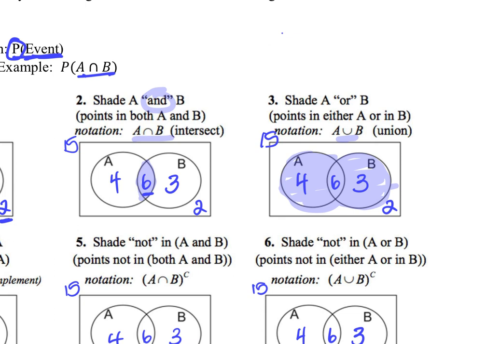I'm going to introduce a formula here. As you can see, the total for A is 10 and the total for B is 9. If we add those together, because with union, when we think of "or", we think of adding things together. Unfortunately, that doesn't always work.